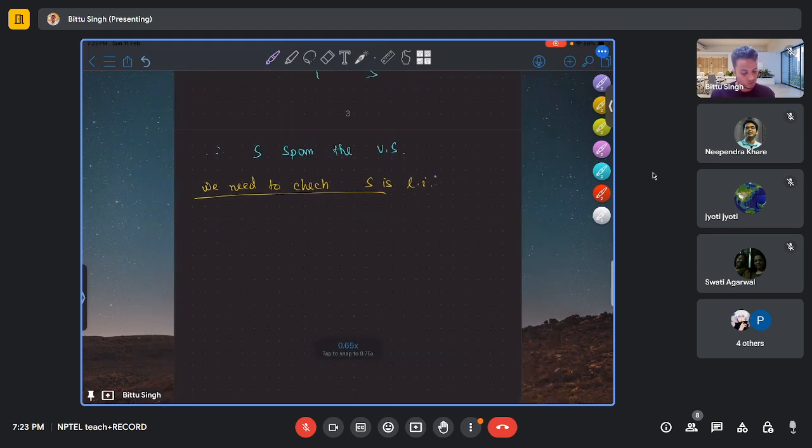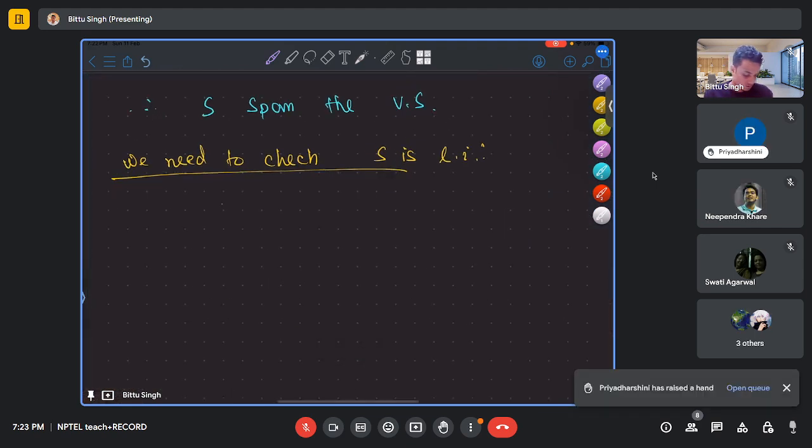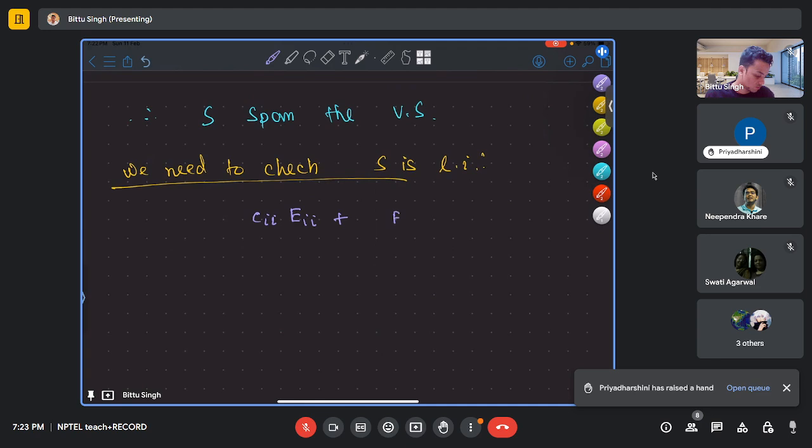Let us try. Consider this linear combination: Cii Eii, and for these matrices Eij plus Eji, we will take this Cij.